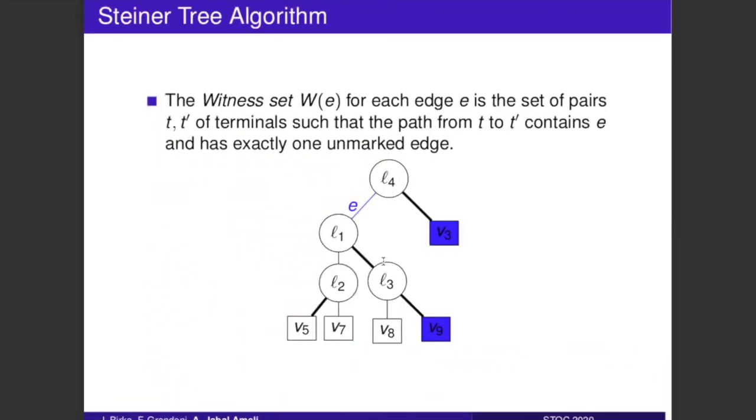And they introduce the witness set for each edge, which is basically the set of pairs of terminals T, T prime, such that the path from T to T prime contains that edge and has exactly one unmarked edge. So here, if you consider E, the pair V3, V9 is in the witness set of E, since the path from V9 to V3 contains E and it has exactly one unmarked edge.